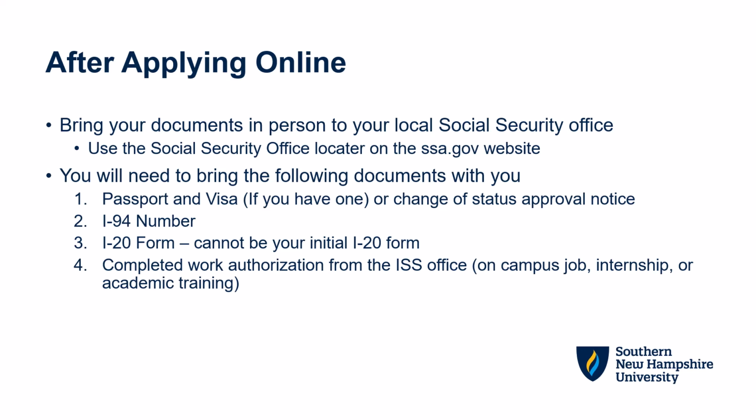If you bring your initial I-20 form, the Social Security office will not be able to complete your request. The final document that you will need to bring with you is a completed work authorization from the ISS office. This would be in relation to an on-campus job, internship, or academic training if you are a J1 student.